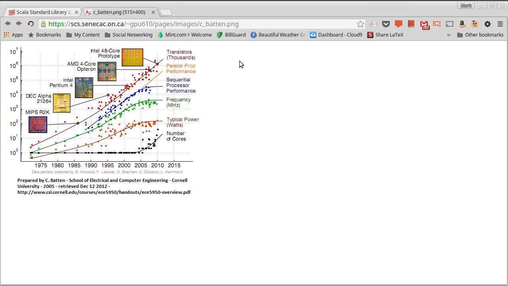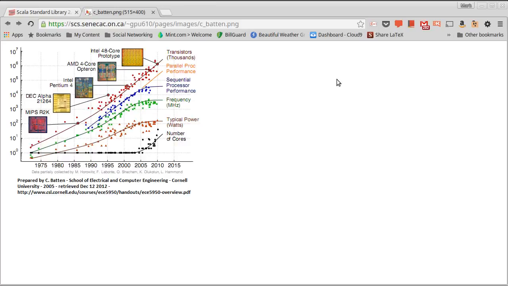There was Knights Corner. The current one at this time is Knights Landing. Knights Landing has 72 cores. Each one supports 4 threads for a total of 288 threads supported by that device. And so if you really want to fully utilize it, you have to not do 1 or 2 things at a time. You have to do 288 things simultaneously in order to really get the most out of your hardware.